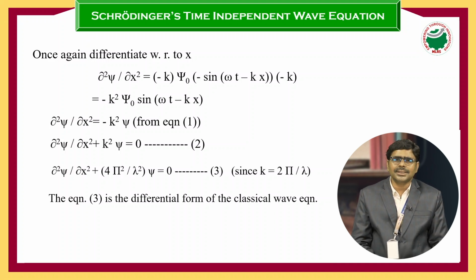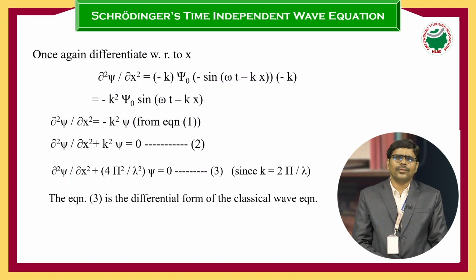Minus k and minus k give k square, and it has the minus sign: −ξ₀ sin(ωt − kx). We rewrite that equation as −k²ξ₀ sin(ωt − kx).